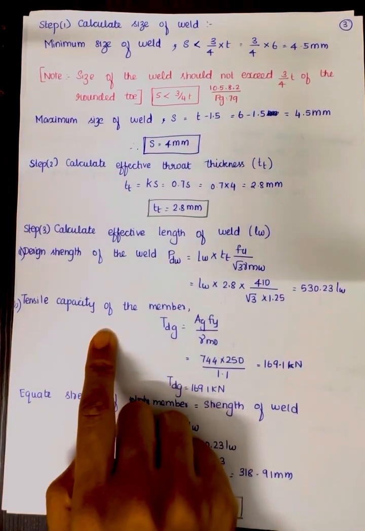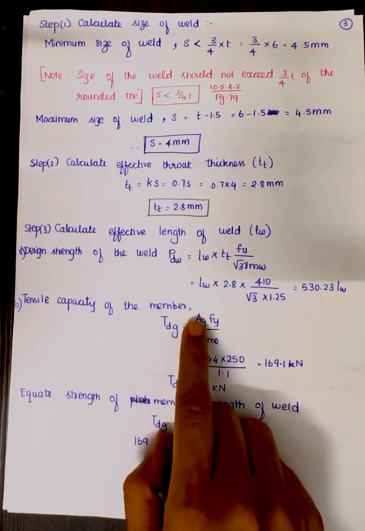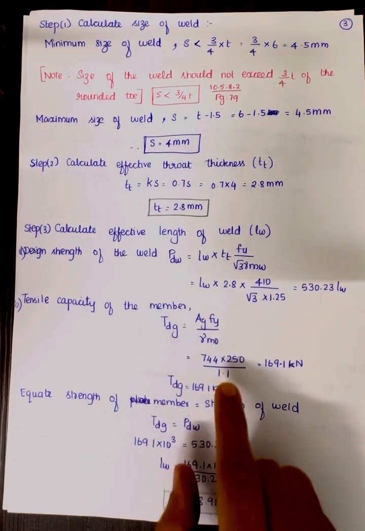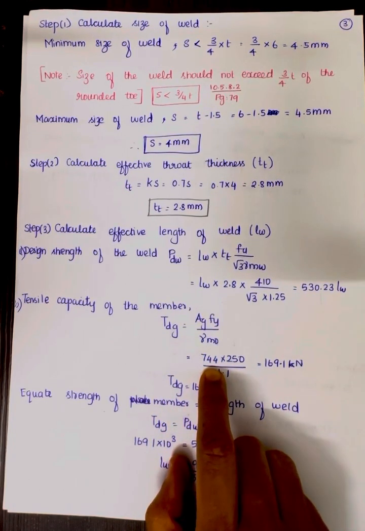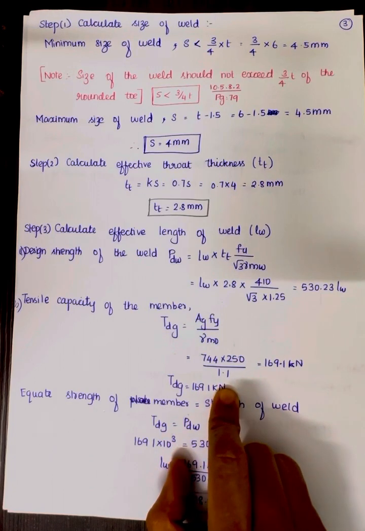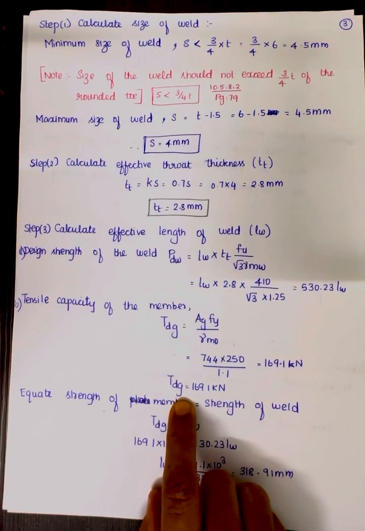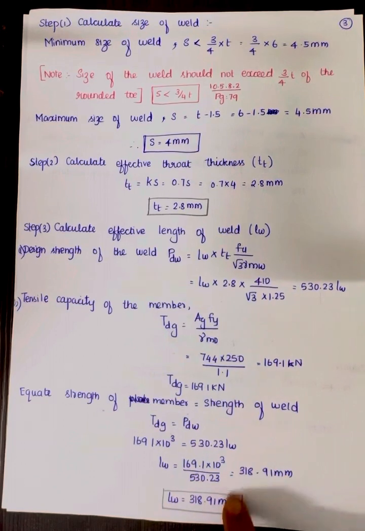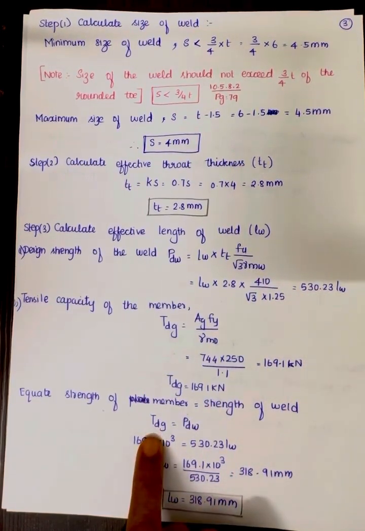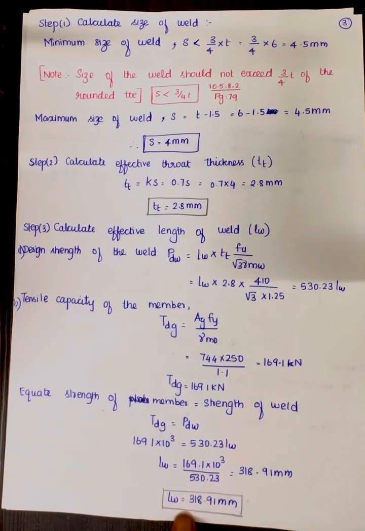Tensile capacity of the member, TDG is equal to AG Fy by gamma M naught. What is AG? Steel table. Fy you know, gamma M naught also you know. So you can identify TDG. So equating these two, TDG is equal to PDW, you will identify LW value.